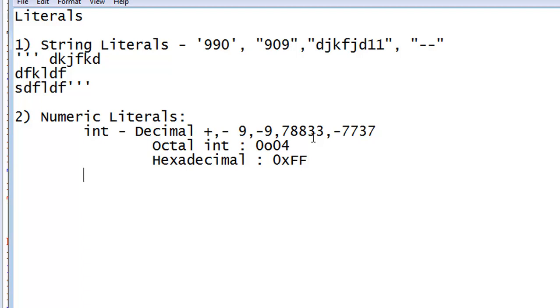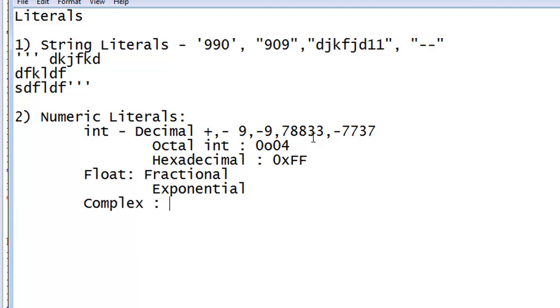And then we have floating point values, and these are written in fractional form as well as in exponential form. Okay, and then we have complex numbers. So fractional values are anything that has a decimal part, positive or negative.